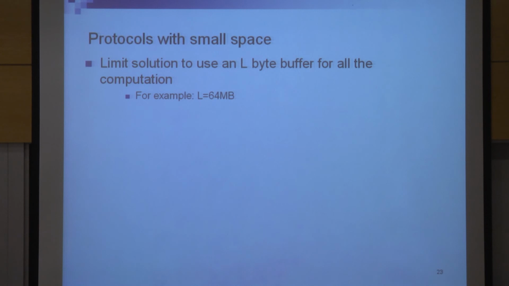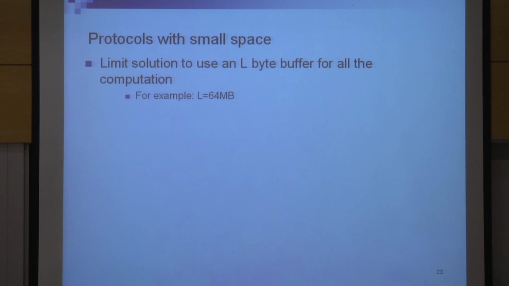So we said, okay, we don't have a good solution that runs with both few accesses to the file and small space. So let's give something up. We're really relaxing our security definition here. We're saying, let's have the solution use only an L byte buffer for the computation, something like 64 megabytes.